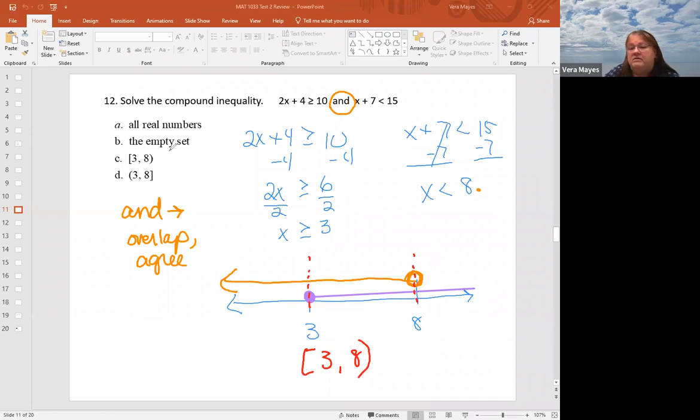And somehow I wrote the wrong answer on here. So this is the right answer if it's an and. So do each one of them separately, graph them on the number line, see which way they're shading, which way they're going, and then see where they overlap if it's an and.